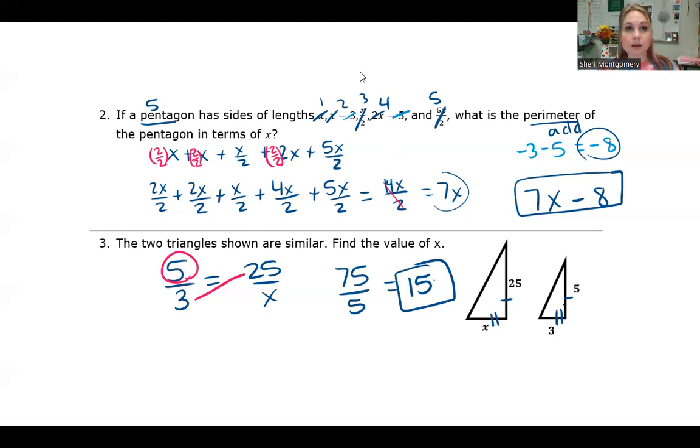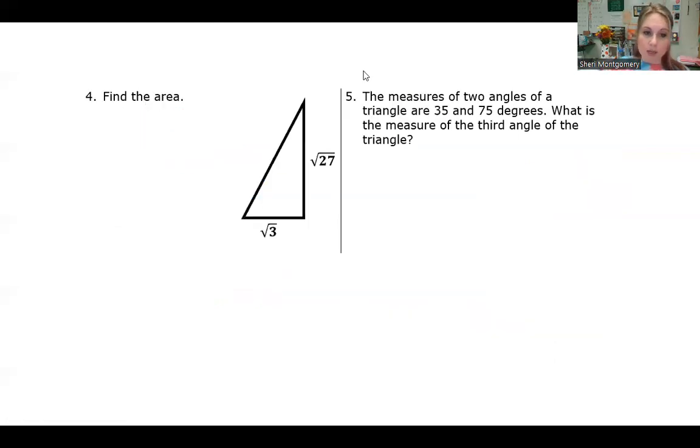And at any time, if I go too fast, it's nice because it's a video, so you can pause it and take your time. The next question, find the area. Remember, area of a triangle is 1/2 base times height. So we get 1/2 the square root of 3 times the square root of 27. So remember, you can multiply those two numbers together to get a big square root.